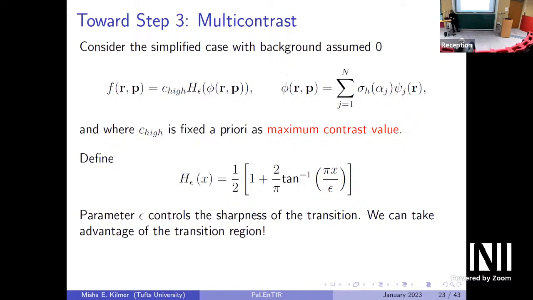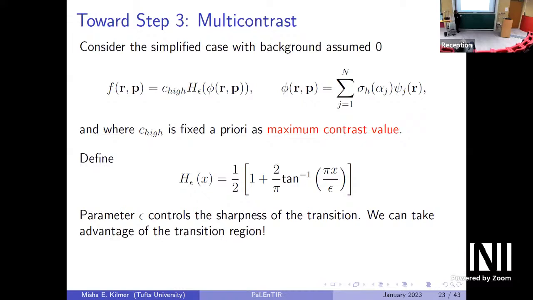To get to the point of multi-contrast, I'm going to do this in stages. First, let's assume that I just have a 0 background. All I want to do is, and I assume I know what the value is inside the blob, I need an approximate Heaviside function, and this is the one I'm using for that.